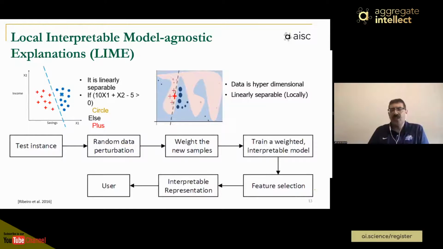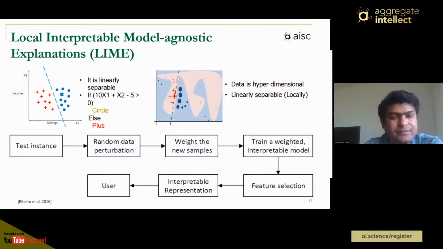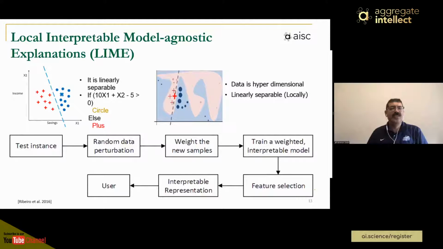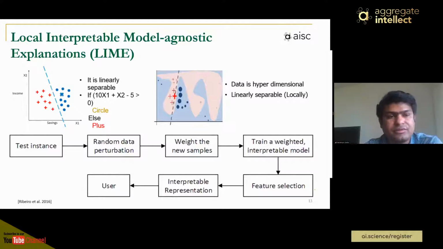So if I run LIME 10 times, the first time I get one explanation with these 10 features, the second time I possibly get a different set of features, so that explanation I cannot trust. Yes, that's true. This kind of uncertainty is known as explanation level uncertainty, and it should be handled.